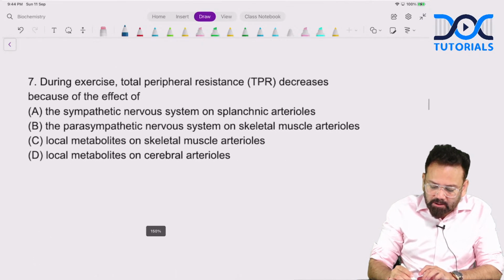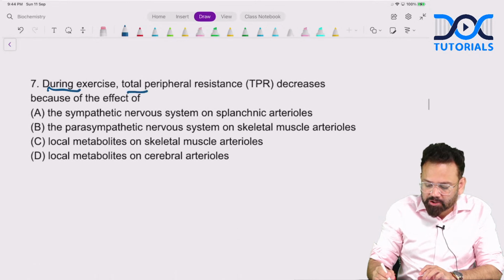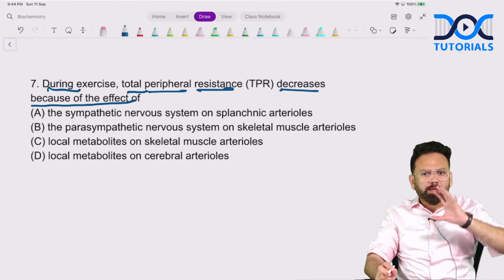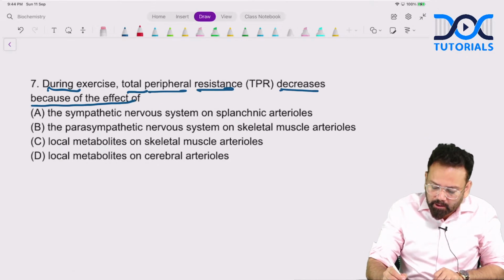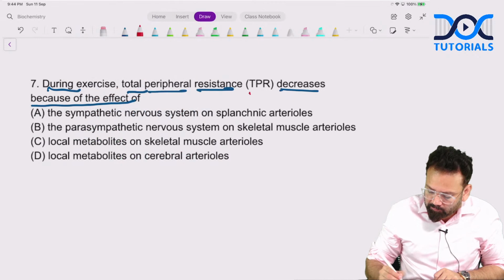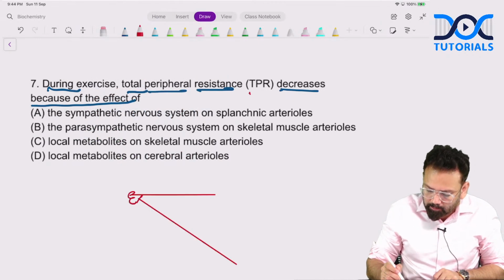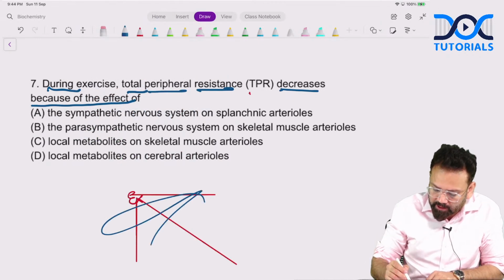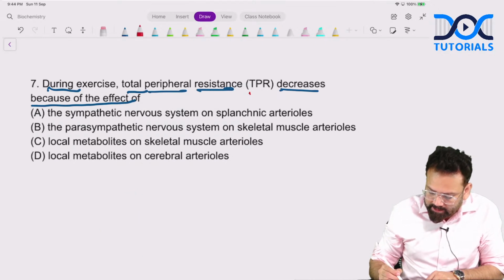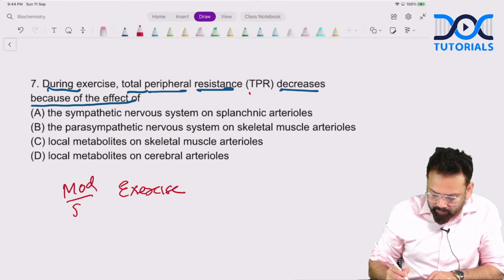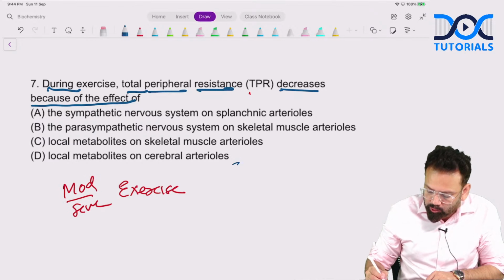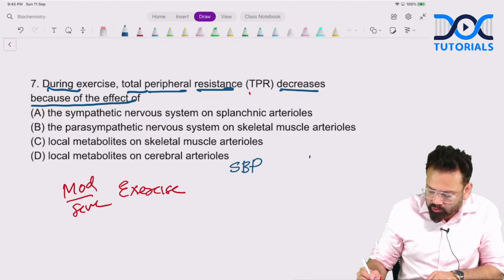During exercise, total peripheral resistance decreases because of the effect of what? During exercise, okay, tell me one thing. When you exercise, moderate to severe, systolic BP and diastolic BP, what will happen and why?